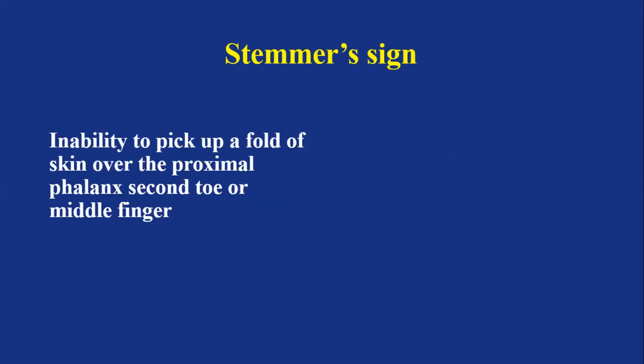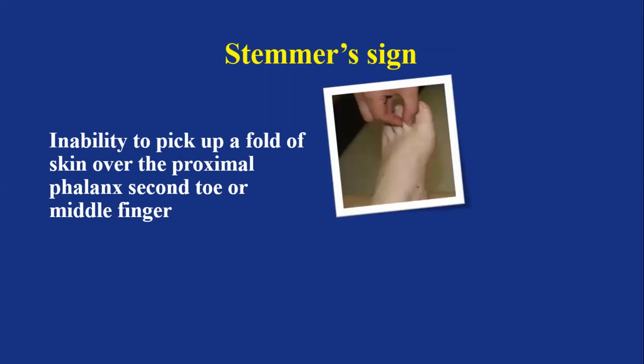One sign we see in lymphedema patients is the Stemmer sign. If the patient has lower limb lymphedema, you can see in the picture that you are not able to fold the skin over the proximal phalanx of the second toe. Normally we can pinch the skin at the proximal phalanx of the second toe, but if the patient has lymphedema, you are not able to pick up the skin.